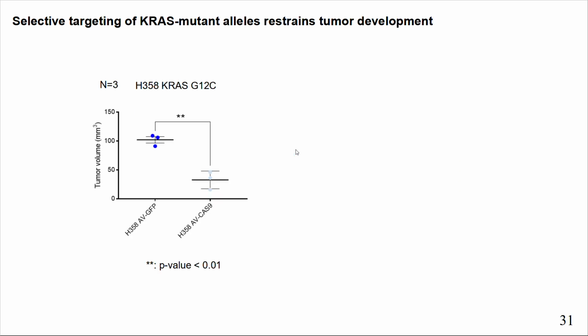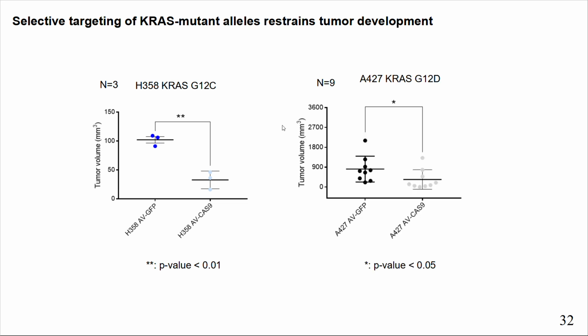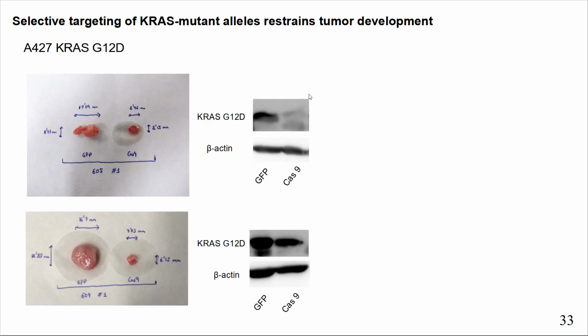Also, in the in vivo approach, we have checked that when infecting the cells with our virus, we are able to reduce tumor volume in these two cell lines carrying the two mutations. Also, these images could be disgusting, maybe for someone else, but I wanted to show you the reality behind the graphs.